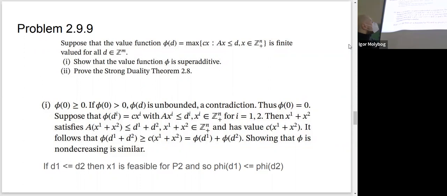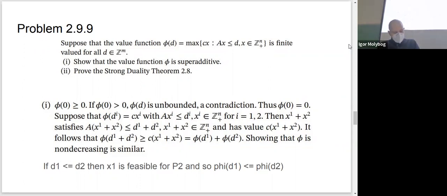We need to do two things: show that the value function phi is superadditive, and then prove the theorem about strong duality that we have seen during the lecture, if you remember, the last theorem about superadditivity. So basically, this problem asks us to prove that theorem. First of all, we need to show that the function phi is in fact superadditive.